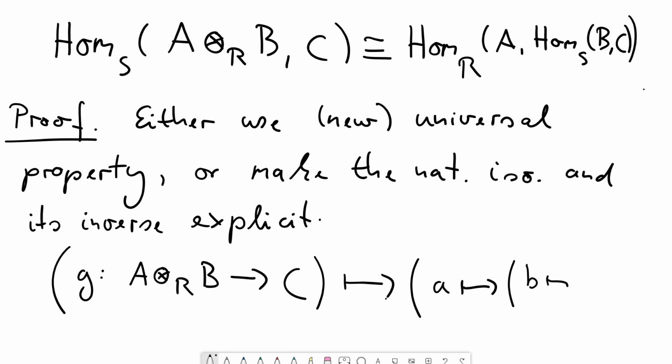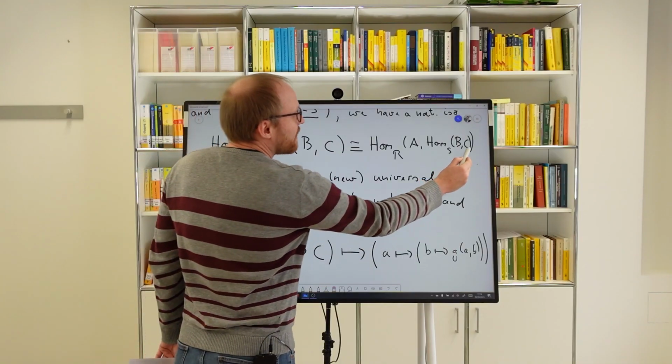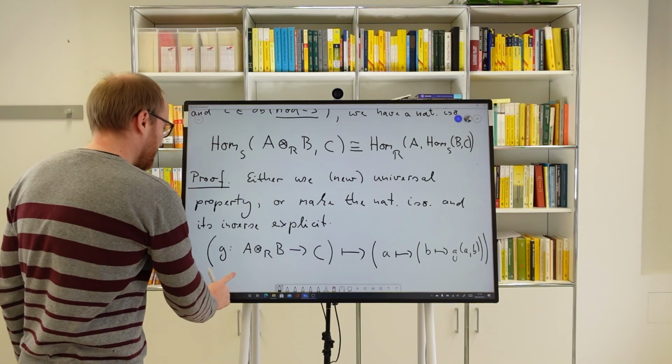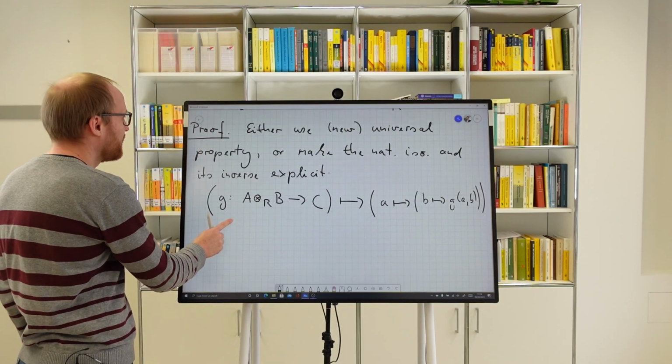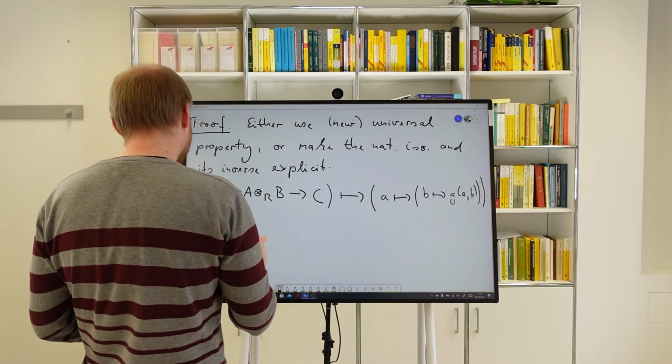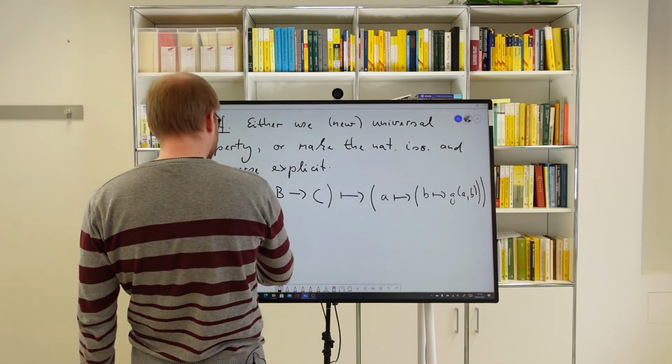Well, it does the only thing that you can do. I just put both into G. So G of A comma B. Then I end up in an element of C as I should here. And so as you can see, there was simply no other way than defining it like this. And the same goes for the inverse. So let's try it the other way around.